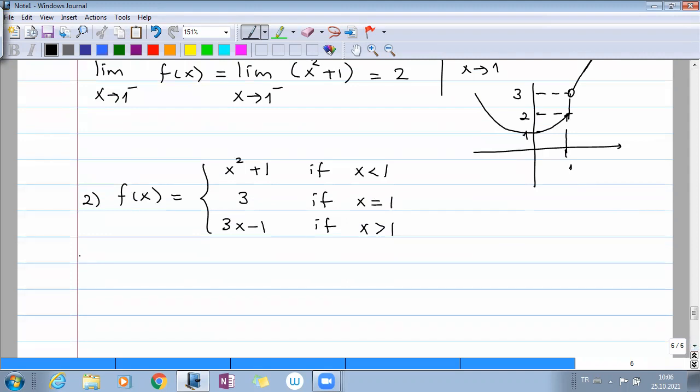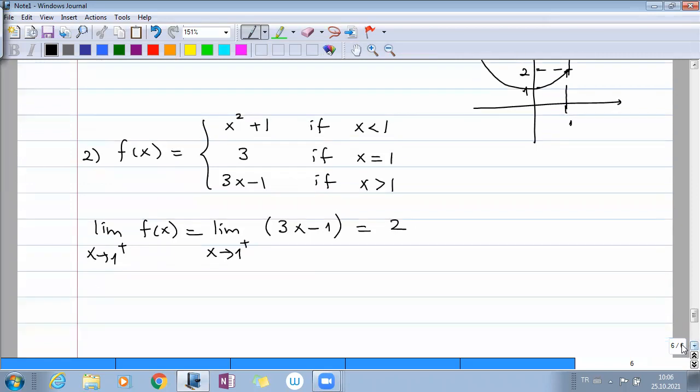Now, again, since the function is defined differently on the right and left of x equals 1, to check the limit at 1, we need to check the right and left limits. For the right limit, x is greater than 1. When x is greater than 1, the function is defined to be 3x minus 1. So the limit is 2.